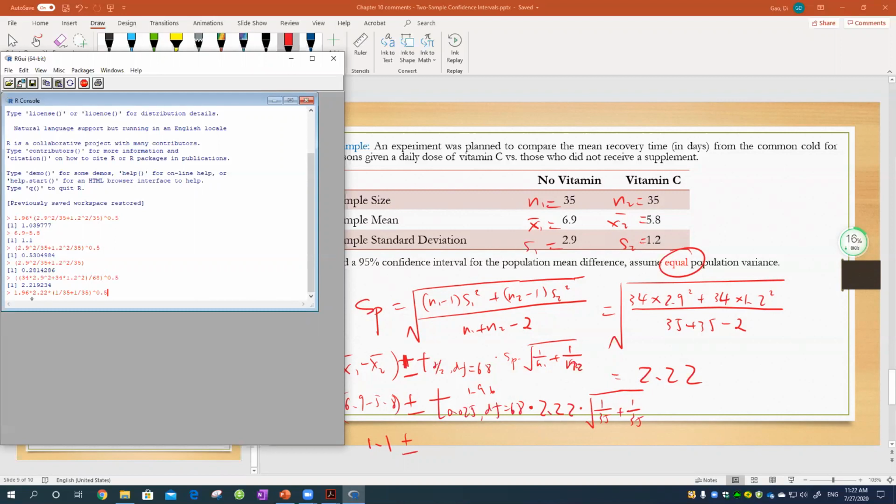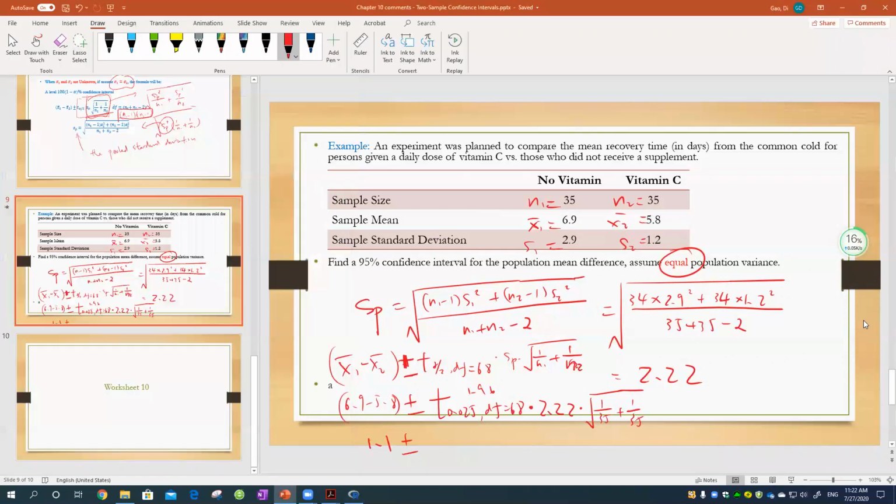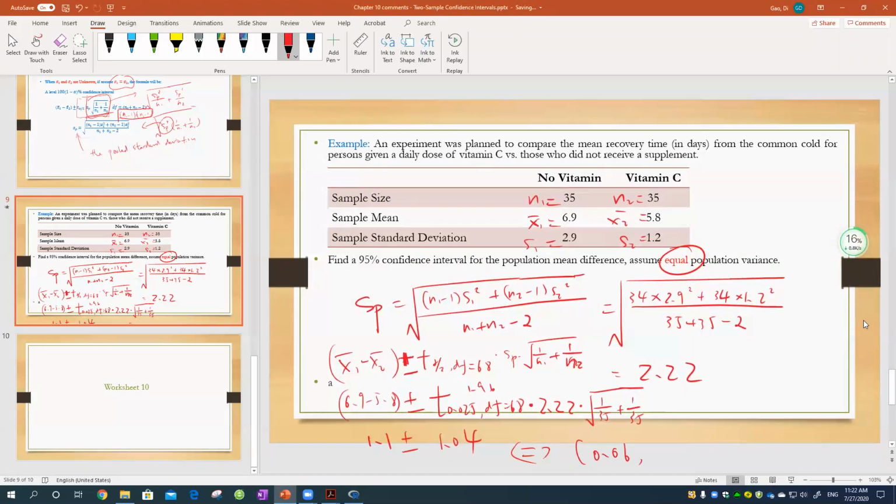Okay, that's the whole margin of error, 1.04. And then we have 1.1 minus 1.04, 0.06. And we have 1.1 plus 1.04, 2.14.